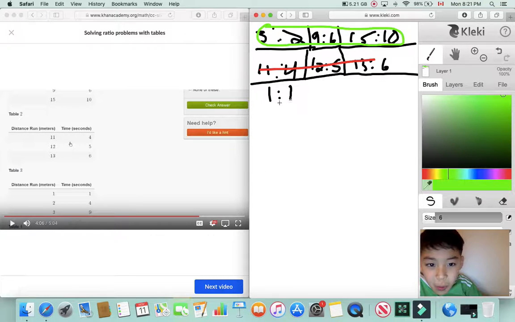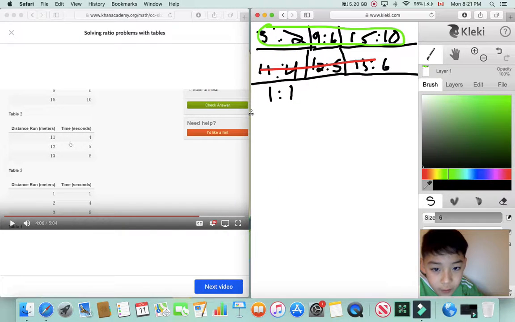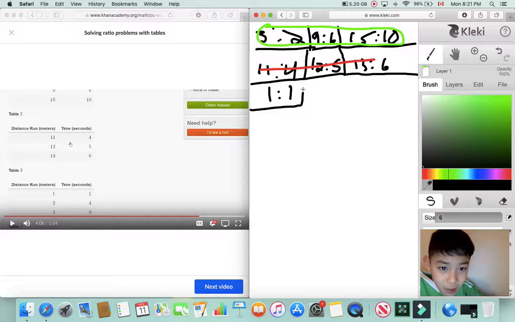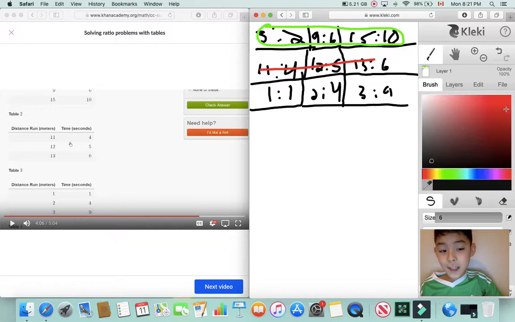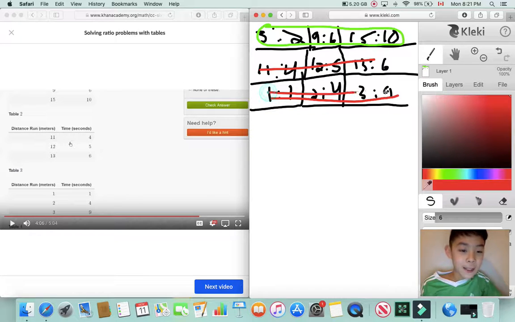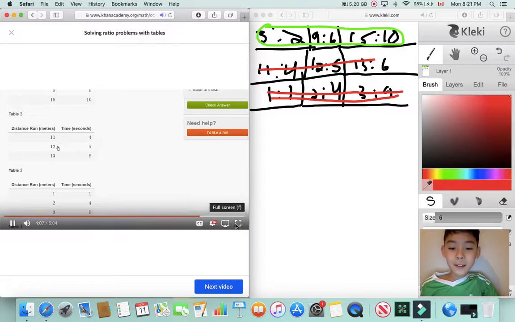The third one. Okay, the third one is so wrong. It should be 1 to 1, so they should all be the same. 12 to 5.